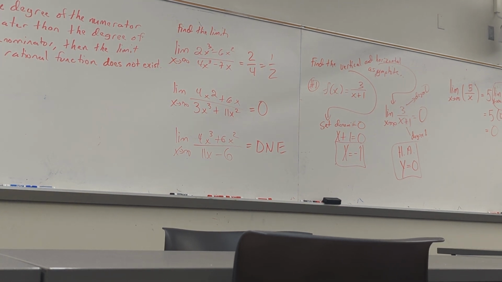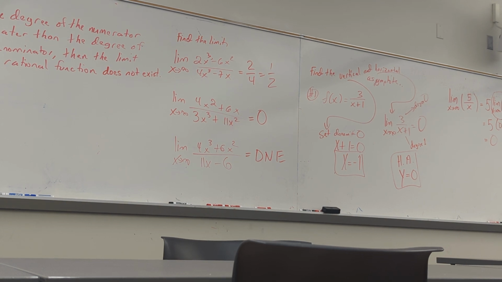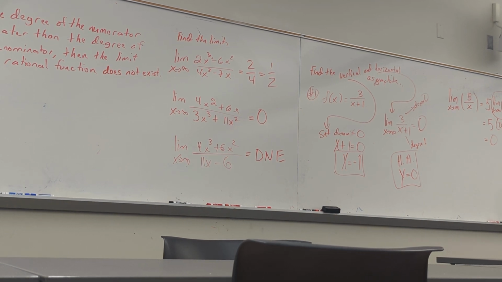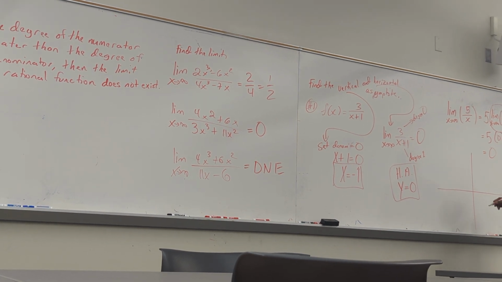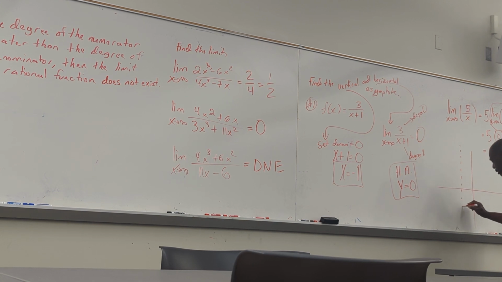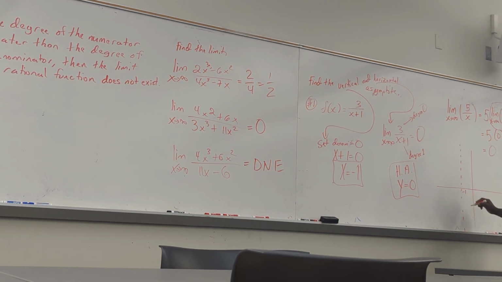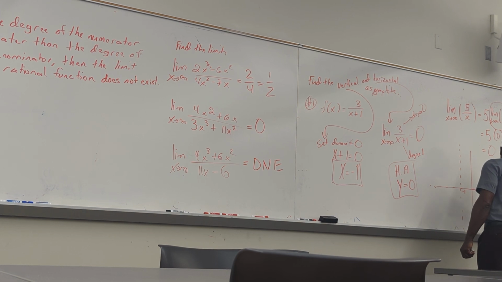To find the horizontal asymptote, you take the limit as x goes to infinity. Horizontal is y equals, vertical is x equals. If you're sketching this graph, what you already know ahead of time is you're going to have a vertical asymptote at -1, and a horizontal asymptote at what?